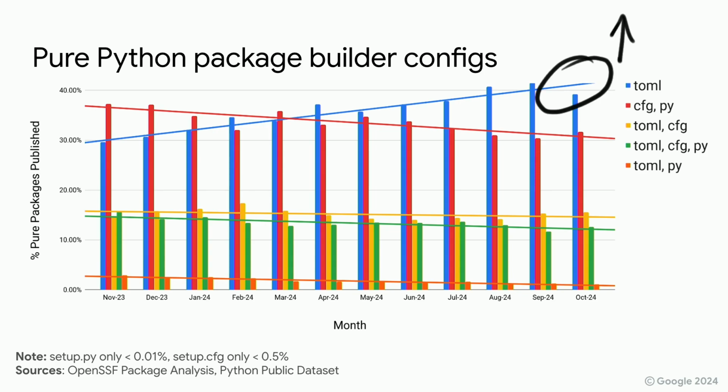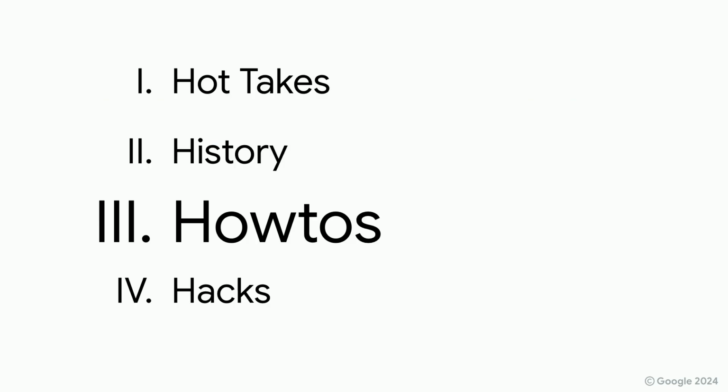That packages that only include pyproject.toml are well on the way to becoming the majority. And all the others, including ones that have pyproject.toml and setup.cfg, are on their way down. This is excellent news. So how do you join this trend? This is where we move into how-tos.